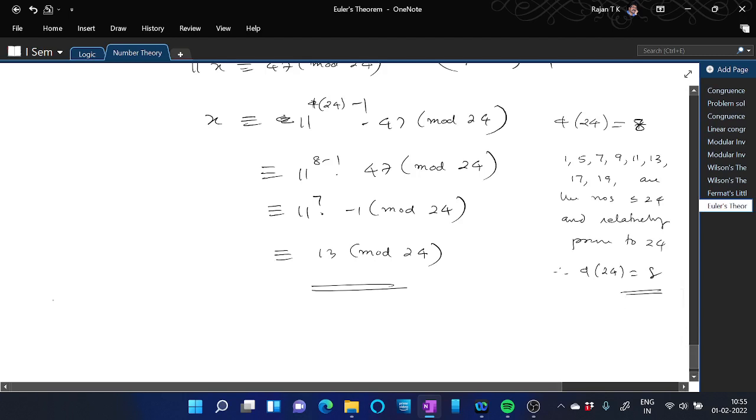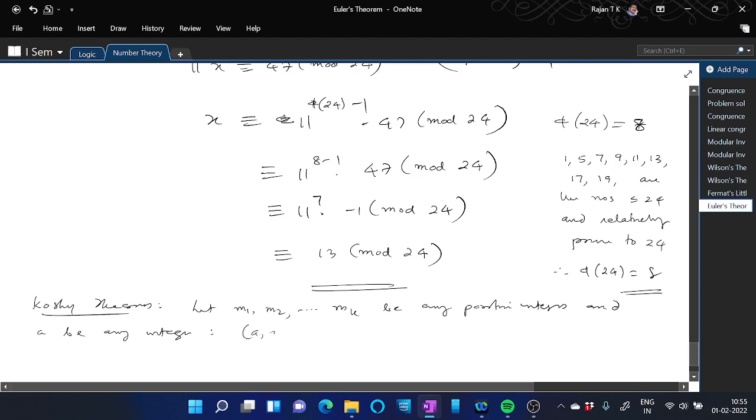Now there is another application of Euler's theorem, which is a theorem due to Cauchy. We call it Cauchy's theorem. The theorem says this: let m1, m2, etc., mk be any positive integers and a is any integer such that gcd(a, mi) equal to 1 for all 1 less than or equal to i less than or equal to k.